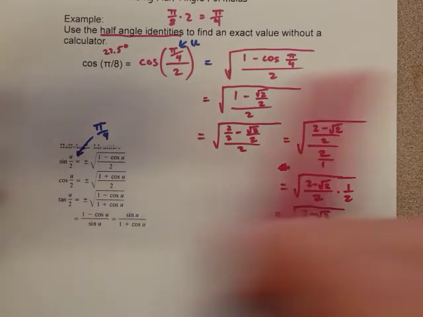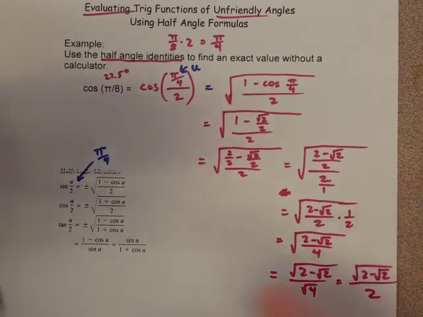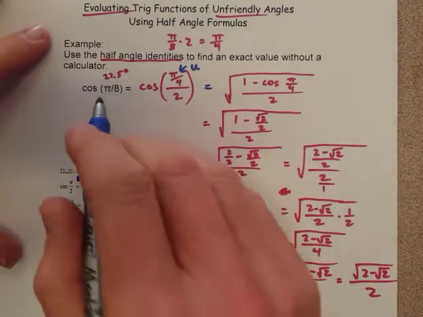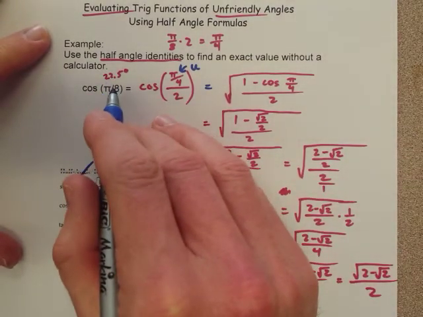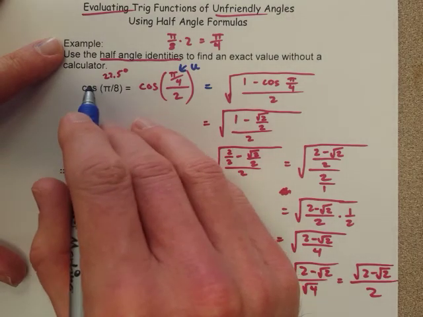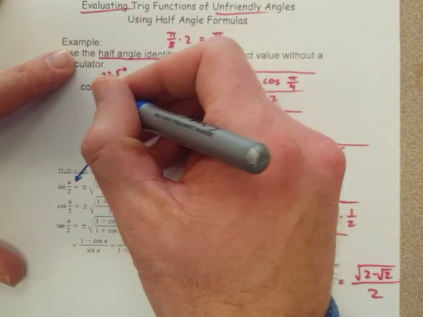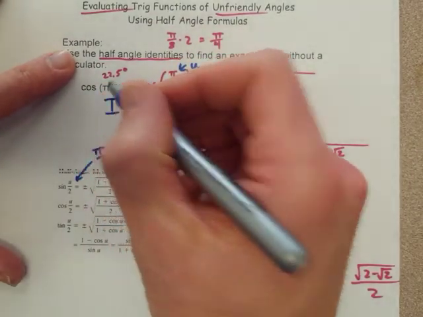Now, I did tell you at the beginning that we would have to think about whether it is positive or negative. Here's where this value comes into play. We're thinking about cosine of 22.5 degrees, so we want to think about what quadrant that's in. That's in quadrant 1.